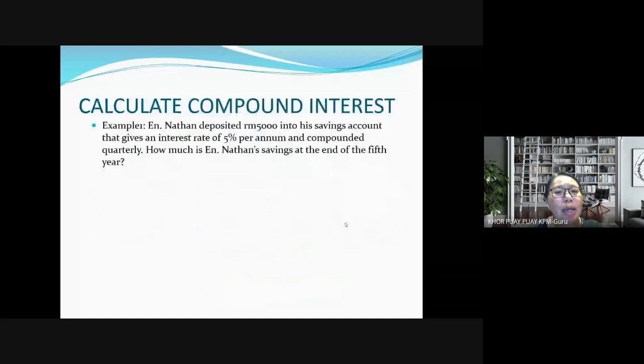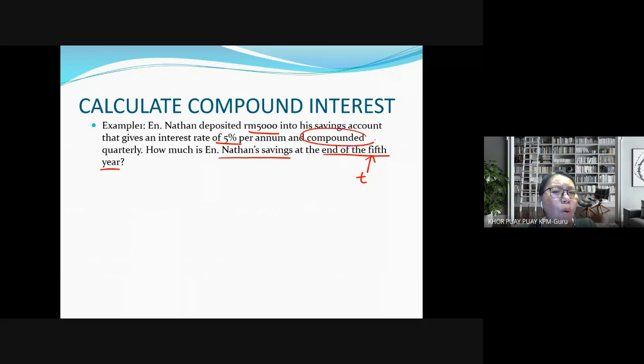Okay, next one, the keyword here is compound interest. This is what the teacher means. When they ask you, let's say they have deposited some money in the bank. They didn't tell you it's a fixed deposit, they just tell you they deposited into a savings account. They give you the interest, and they ask you to count the savings at the end of the 5th year. They didn't tell you how many years, but they say at the end of the 5th year, so from here you can read already: this is my time.